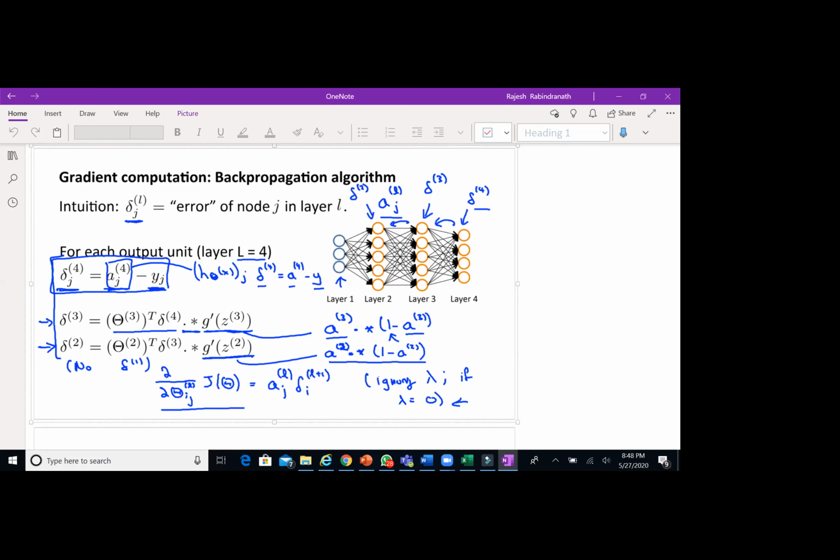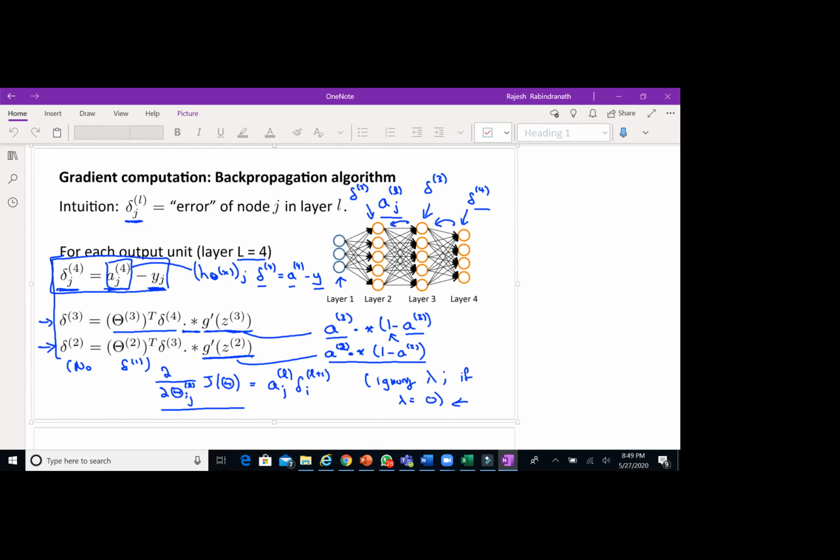Now what exactly g prime of z3 represents is, if you remember the differential equation, what the derivative is going to tell you. If I say derivative with respect to time, just remember the definition I told you: at that point of time, a small change.